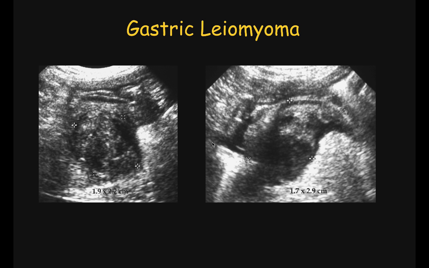Example of gastric leiomyoma, we have the lumen being here, and the near field wall is actually within normal limits, where the far field is presented as an inhomogeneous mass with impression of potentially necrotic zones.